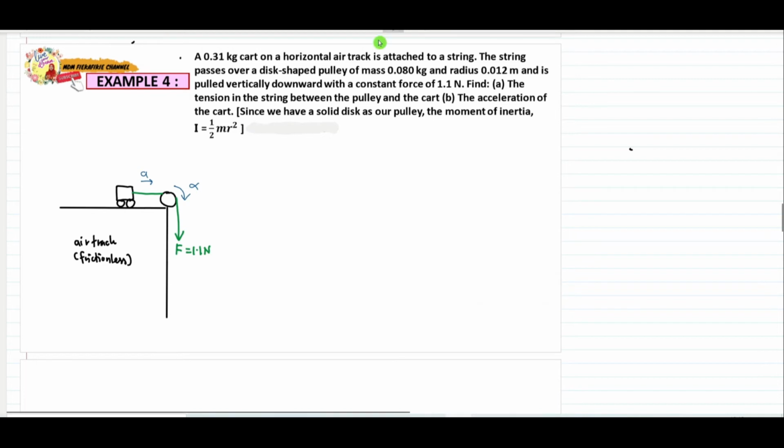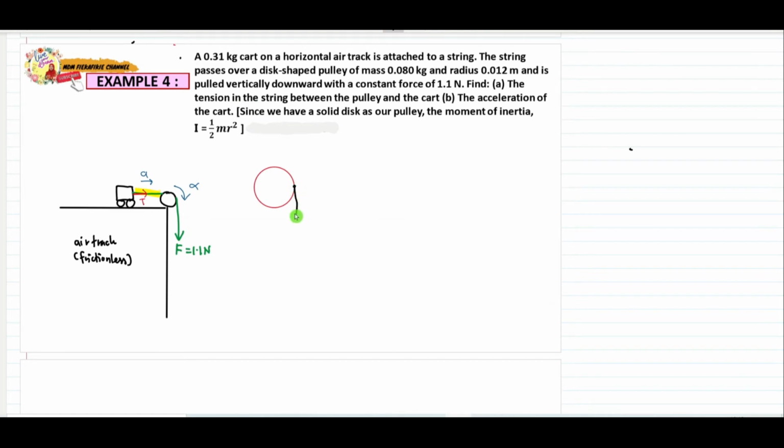Okay, so question A. Find the tension in the string between the pulley and the cart. So we want to find what is the value of tension here. If we draw the free body diagram on the cart, here we have T, which is outward from the cart. But if we draw the free body diagram on the pulley itself, we're going to have two forces.